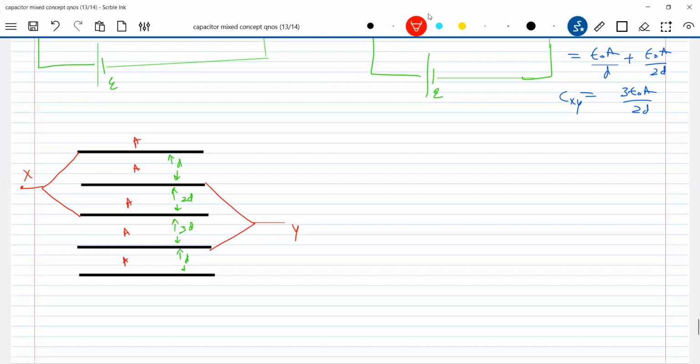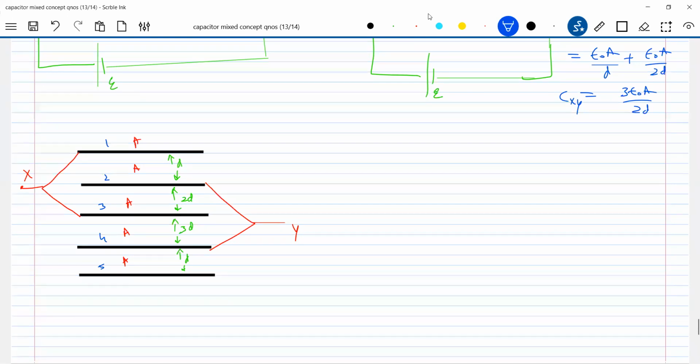So you start numbering the plates 1, 2, 3 and redraw the circuit. You can also do it by Gauss law, but it will take around 40 minutes to 1 hour. Don't take that risk. Use just logical analysis like this.